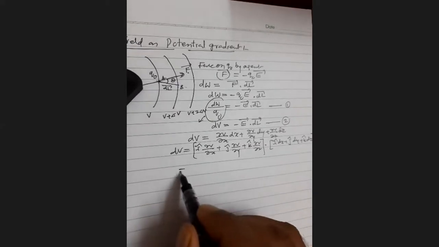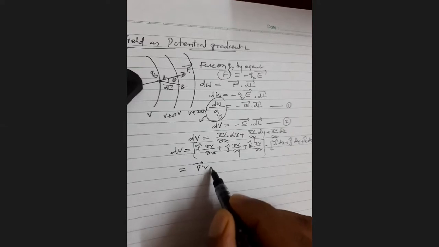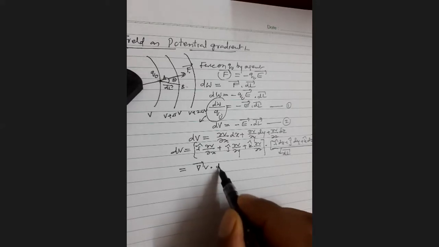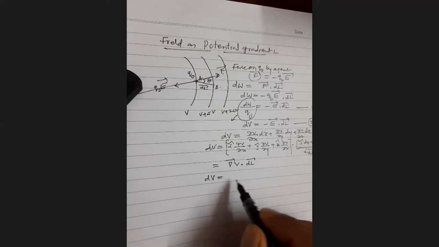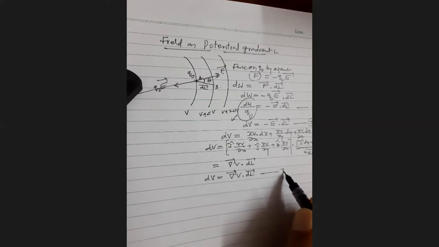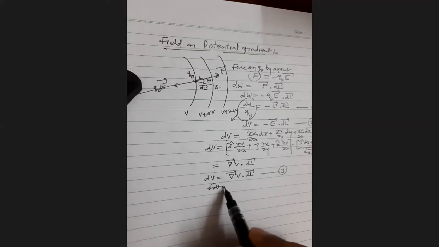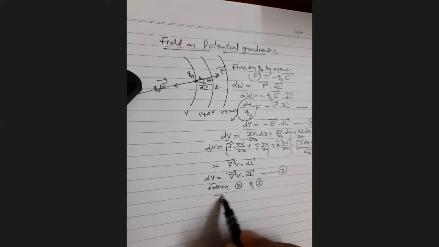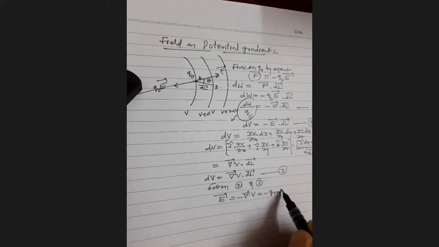This is grad V, that is del bar V, dot dx i plus dy j plus dz k, which is the displacement dl bar. So what we got is dV equals del bar V dot dl bar, equation 3. From equations 2 and 3, we can write E bar equals minus del bar V, that is minus grad V.